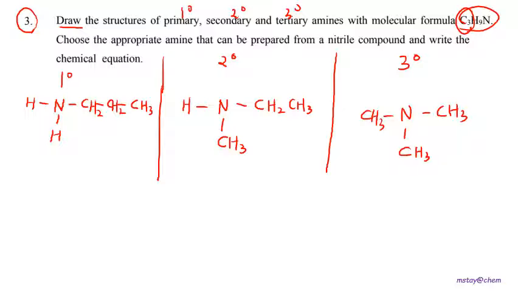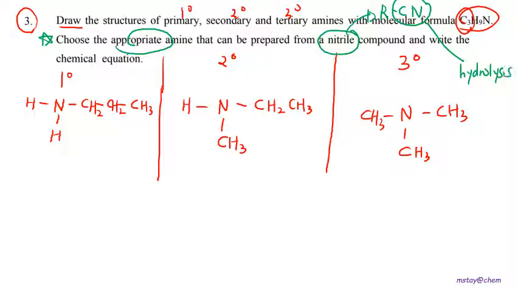Okay, now let's proceed to the second part. Choose an appropriate amine that can be prepared from a nitrile. As you still remember, a nitrile consists of RCN, and it only undergoes 2 reactions: one is hydrolysis, and the other is reduction. Reduction of a nitrile always produces a primary amine because we add H2 after the C and the N. Next we need to write the chemical equation.